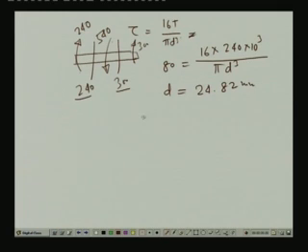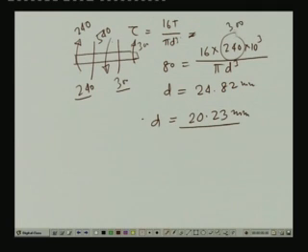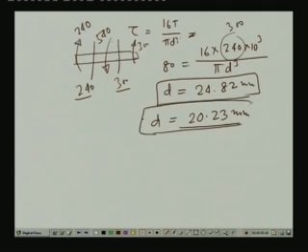From the second case, if we compute d from the same expression, we get d as 20.23 millimeter. The only difference here is that the twisting moment is 300 Newton meter in place of 240. So, these are the two diameters we have, and the highest of these two will be the governing diameter.